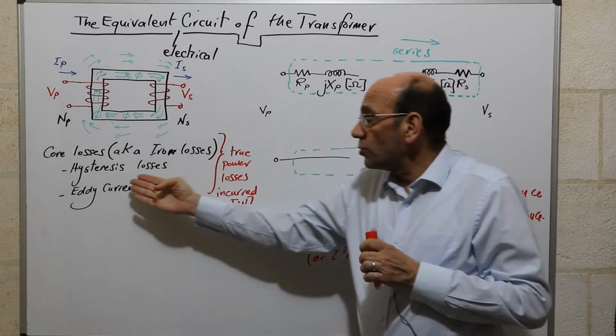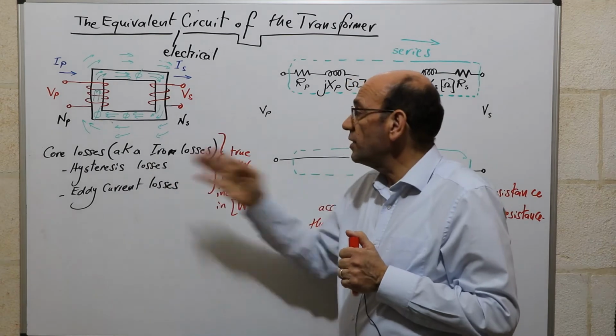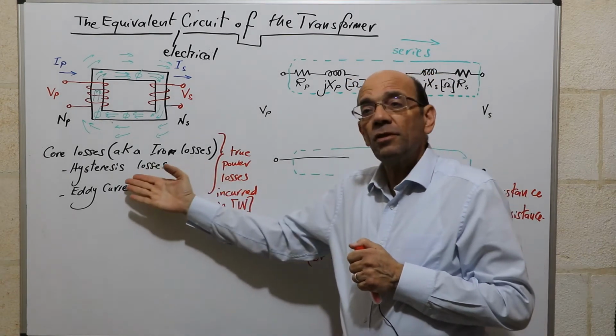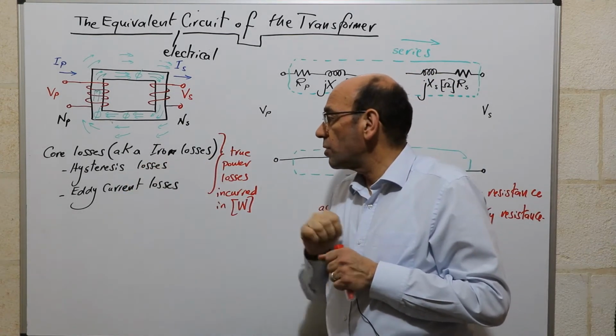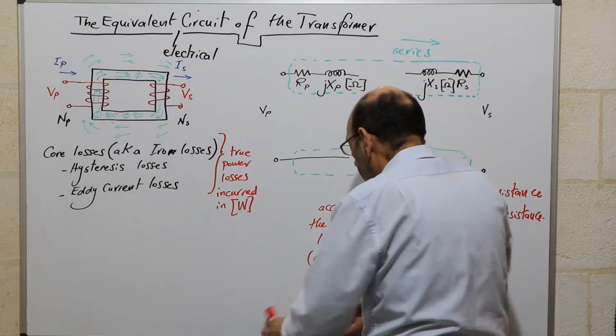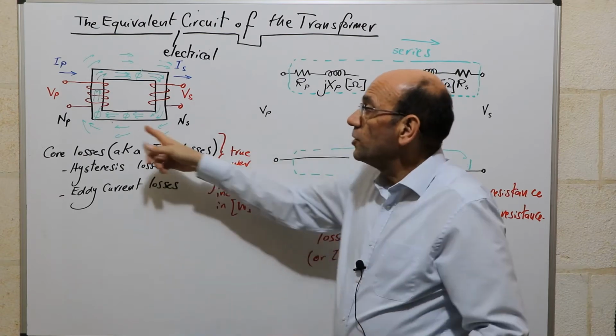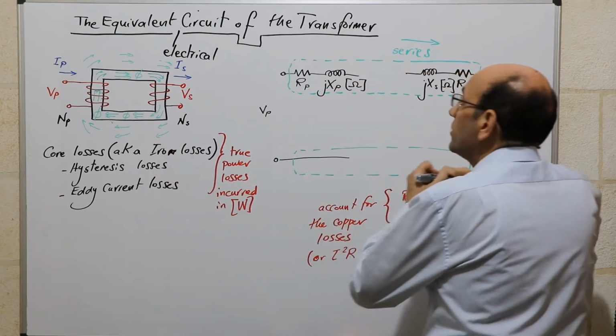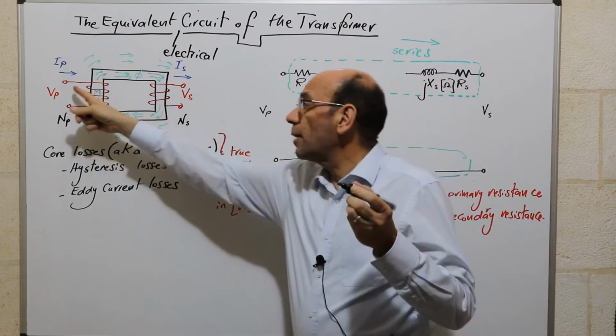So in order to represent these losses, we also need another component. The only component that actually would cause losses is a resistor. But in this case, the core losses resistor will be shunt rather than series, because this would depend on the applied voltage.